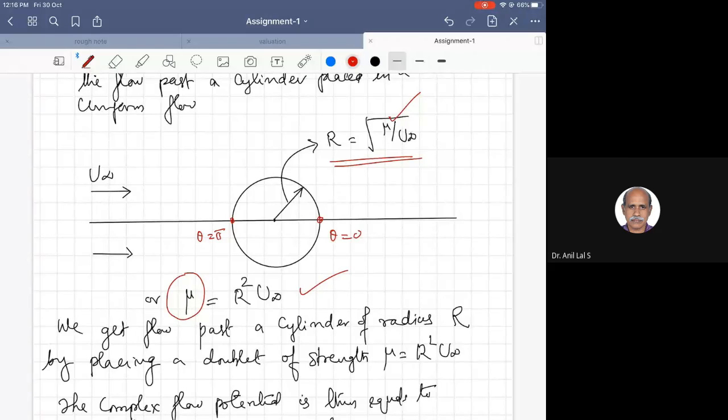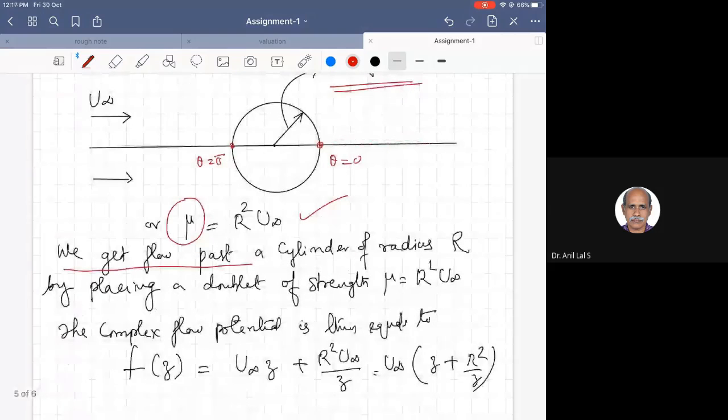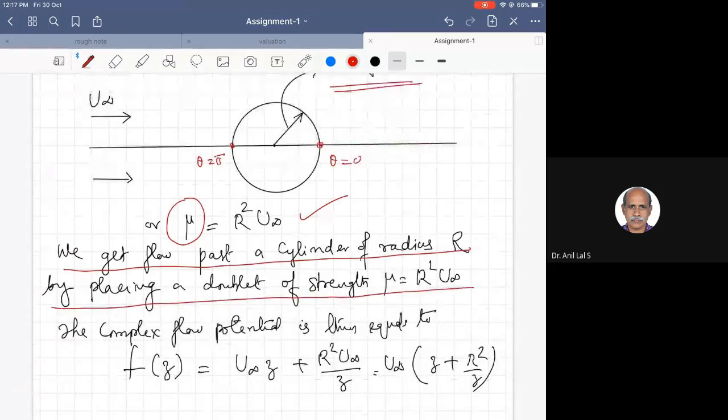So any doublet would not give this, right? You have to place a doublet of a particular strength corresponding to the radius of the cylinder and the free stream velocity. So we get the flow past a cylinder of radius r by placing a doublet of strength mu equal to r squared into u infinity.